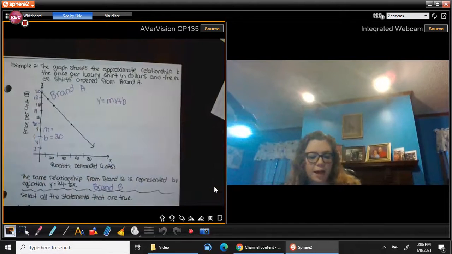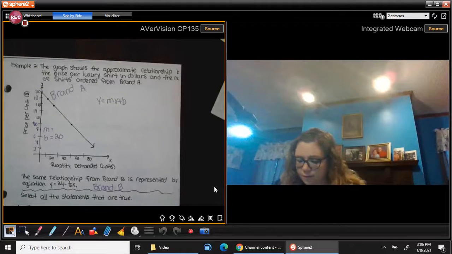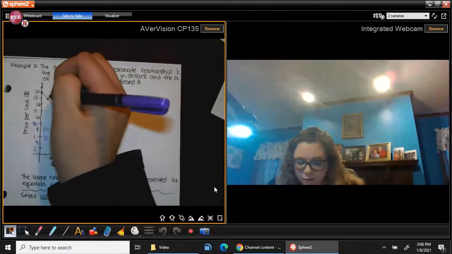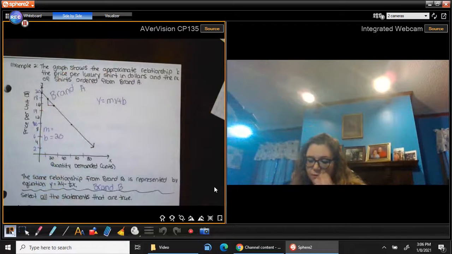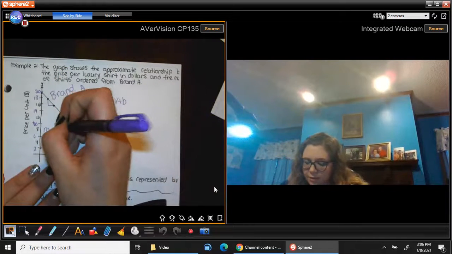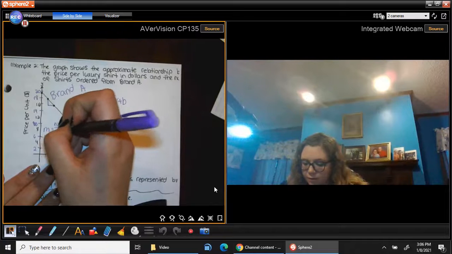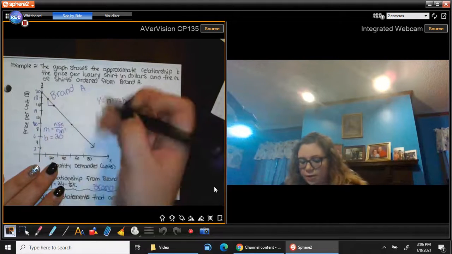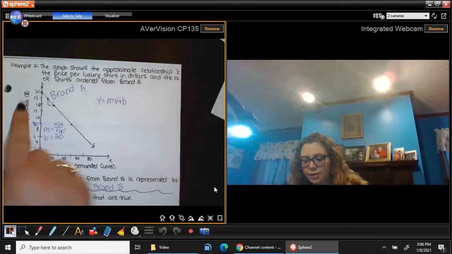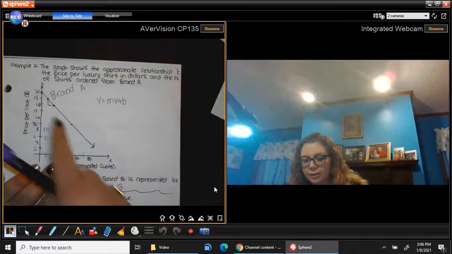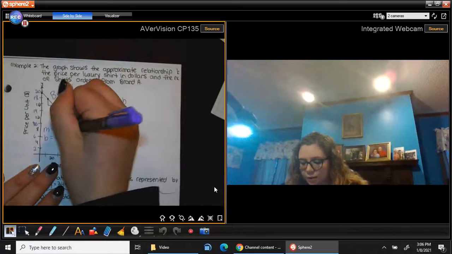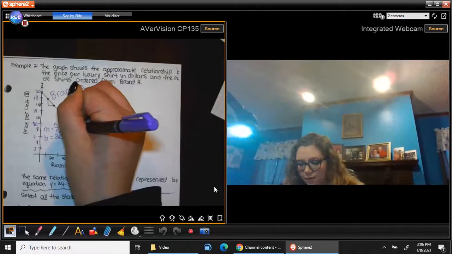Now we need to find my slope. I'm going to make my little triangle, connect them. Remember, m equals rise over run. If you look at this line, it is decreasing. So when the line decreases, you're automatically going to have a negative slope. You're going to fall instead of rise.